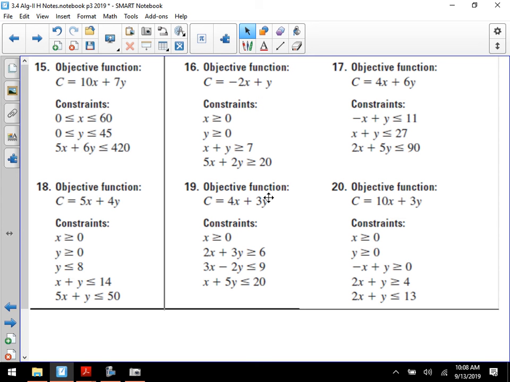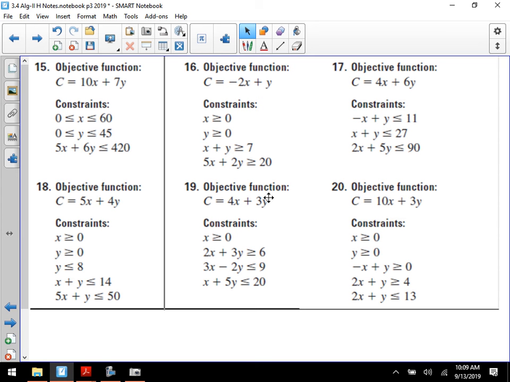Anyway, so let me give you guys a big giant hint here on number 15.